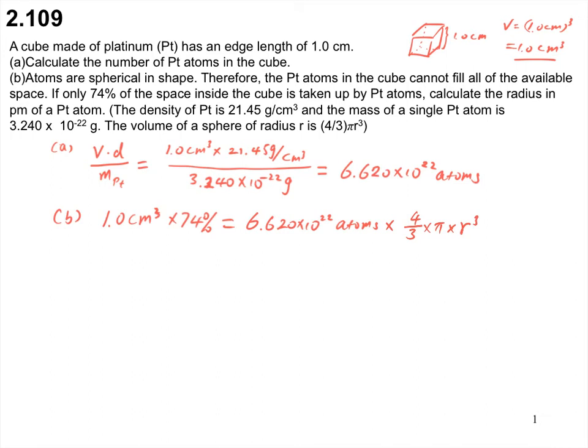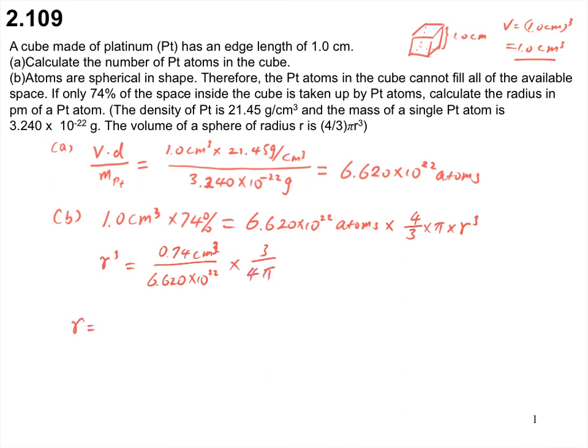So therefore, we have that r cubed equals 0.74 centimeter cubed over 6.620 times 10 to the 22nd times 3 over 4 pi.